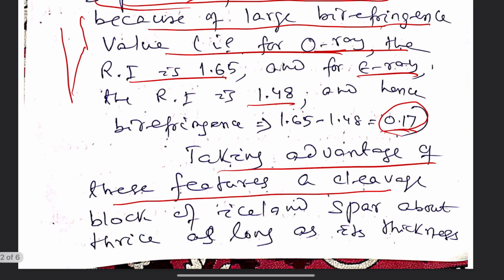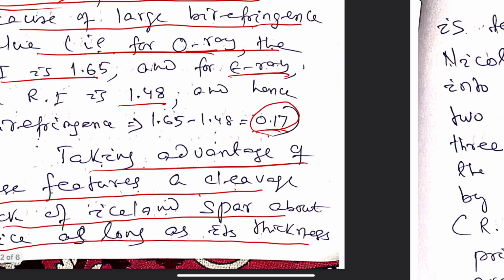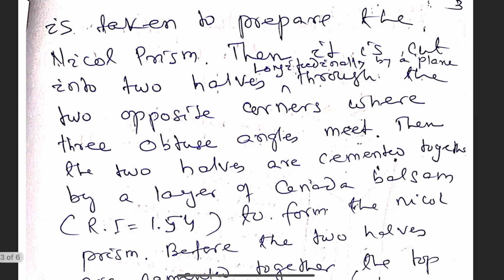Because of these features, a cleavage block of Iceland spar is utilized for the construction of the Nicol prism, and the length of this Iceland spar chosen for making the Nicol prism is about 3 times as long as its thickness.